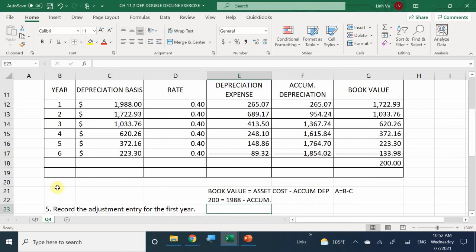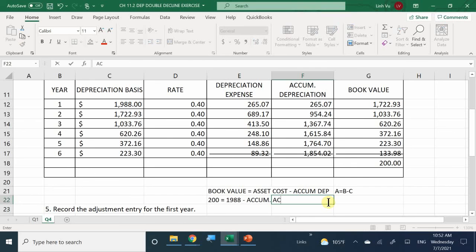So in this context, how would I be able to solve for this? Subtract. You could either subtract or, yes. So in this case, I can flip my formula over to reflect this. I'm going to solve for my accumulated depreciation, which is going to be my asset cost minus my book value.